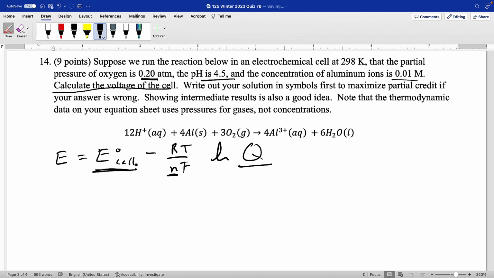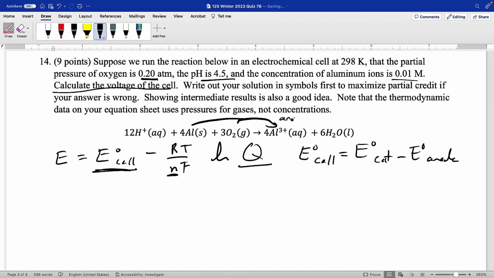Okay, and so first of all, let's figure out the standard cell potential. So E standard for the cell is going to be E standard cathode minus E anode. So we have to figure out what's being oxidized and what's being reduced. If we look at this, we can see our aluminum is going to be oxidized.